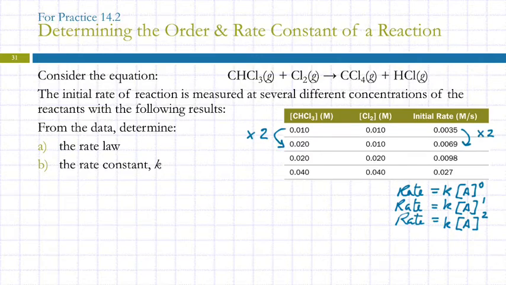So we could begin writing the rate law. The rate will equal the rate constant times the concentration of CHCl3 to the first power. So we need to know what's going on with the second one.